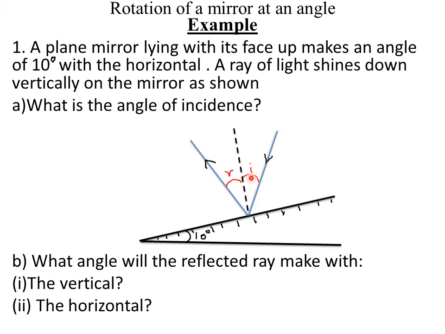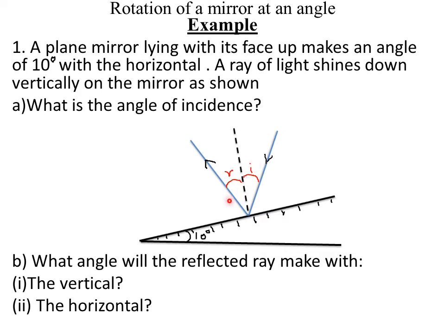Now, using the property of vertically opposite angles: if I extend the normal downward, and also the incident ray downwards, you will see that this 10 degree angle is vertically opposite to angle i, our angle of incidence.